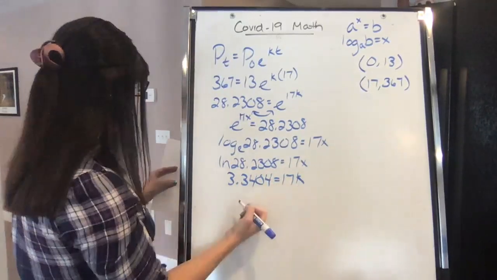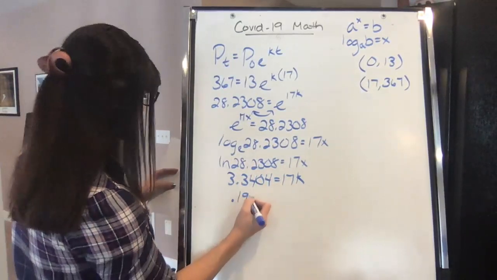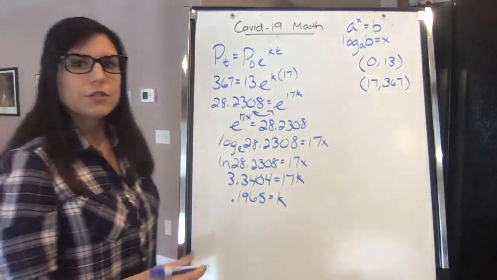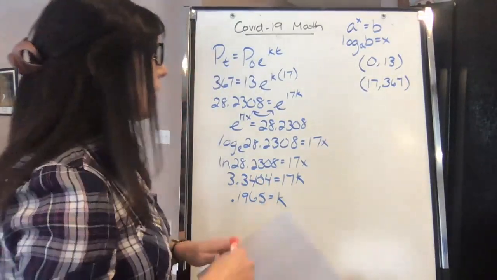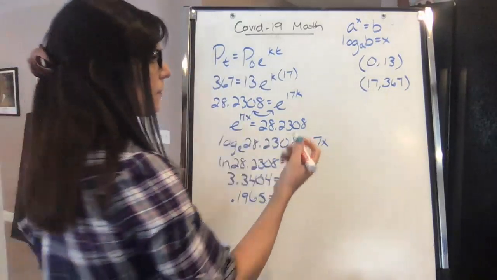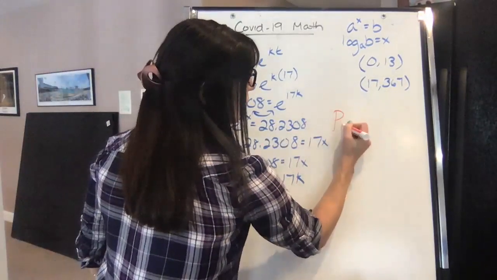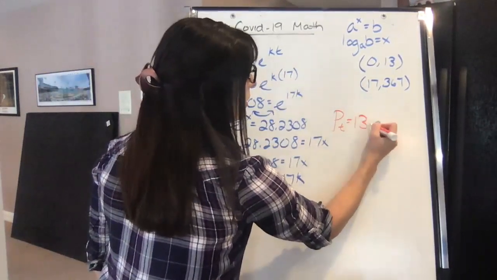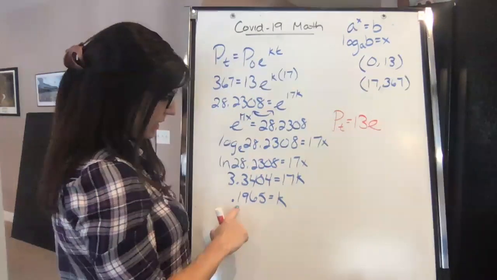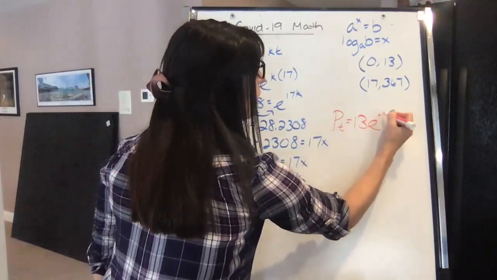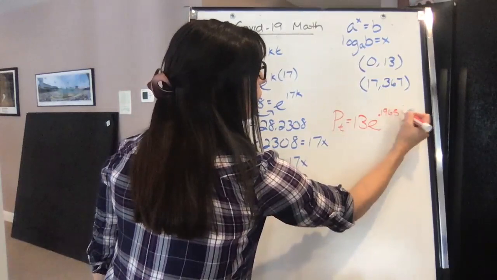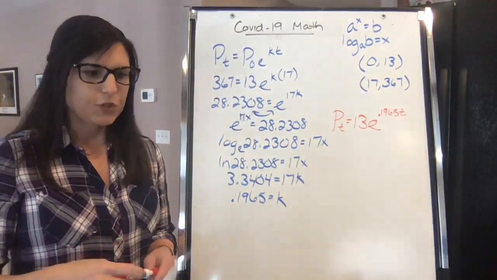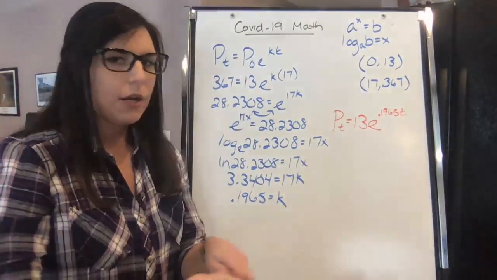And then divide both sides by 17, and you should get this, okay? So then what that means is that if we go back and write our equation, we have P of t equals, we plug in our starting point, which is 13, e, and my k is this, 0.1965, 0.1965t, okay?